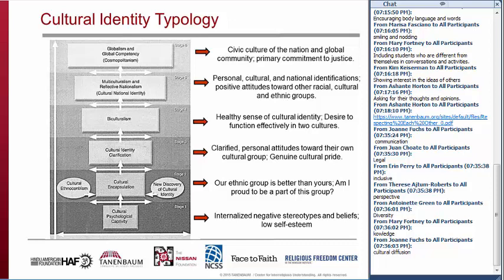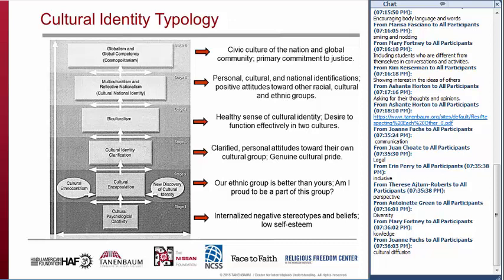And there are positive attitudes, not just towards the group that I belong to, but I hold positive attitudes towards other racial, cultural, and ethnic groups. If you think back to Stendhal's guidelines, it is that space of holy envy where you're able to identify and appreciate, sometimes even celebrate, what you see as unique and powerful in another tradition or in another cultural group.